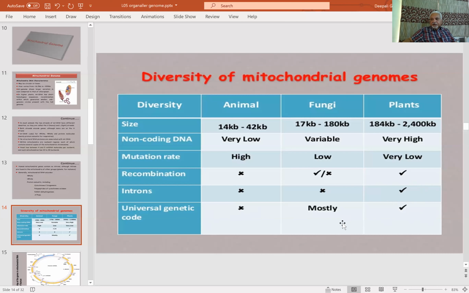And in fungi, mostly they follow. So these are the differences between the mitochondrial genomes of animals and plants. There are distinct differences between the two genomes in animals and plants with respect to their size and behavior.